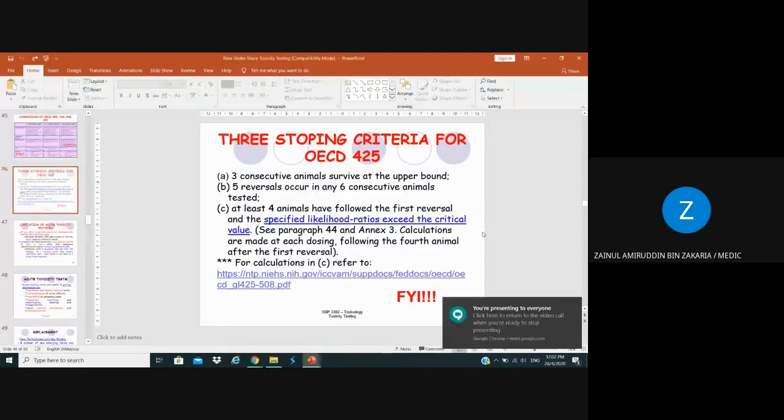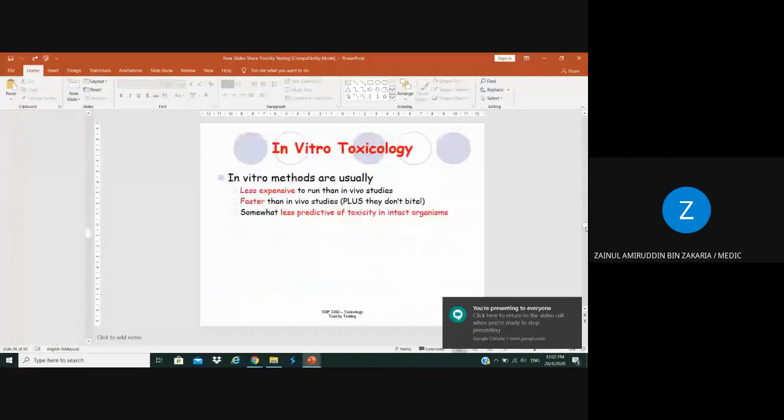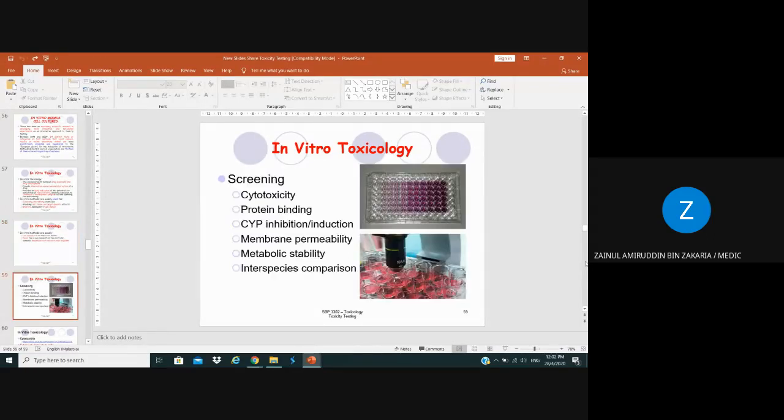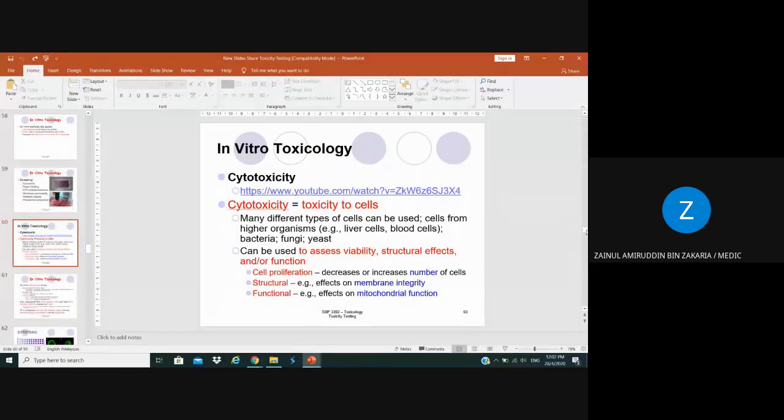The rest, I gave a lot on the models, that's why I put FYI, because it's not for your level to know in very detail, just for you to know that there are models for you to study. Let's say you want to study the effect of a certain compound or extract on the eye. Let's say people claim a certain plant, if you take the leaf and prepare a tea, for example, you drink it every day, your eyes will be clear.